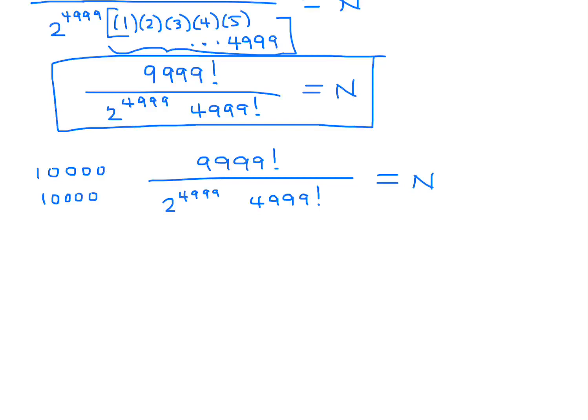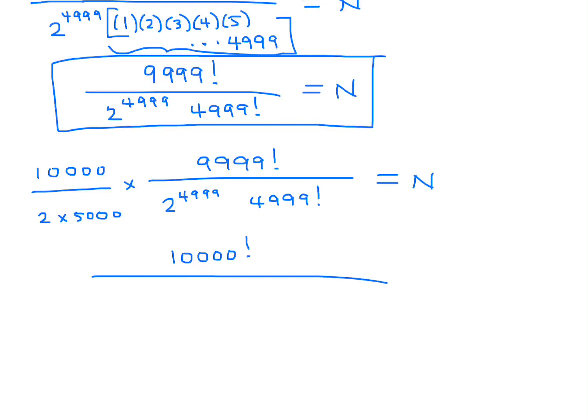So if this 10,000 is broken up into 2 times 5,000, I think that will serve us better. And I hope you will be convinced. So I'm still multiplying top and bottom by 10,000. The numerator, 9999 factorial times 10,000, becomes 10,000 factorial.